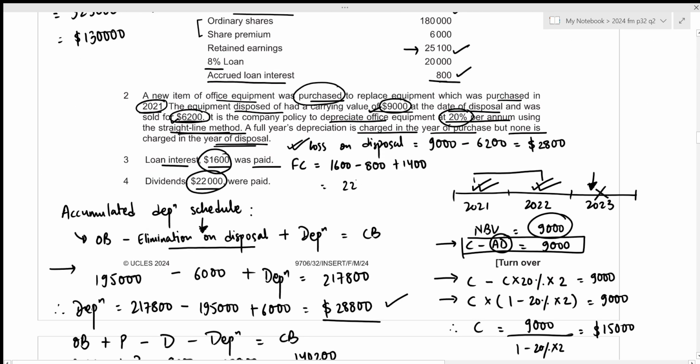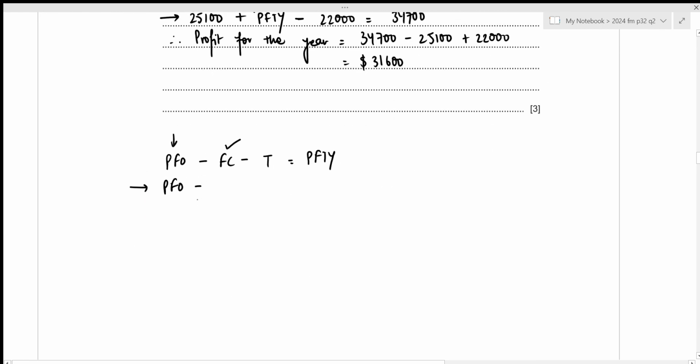This results in the value of 2,200. That is our finance cost. And in this case, no information regarding taxation is given, so we can just assume this to be 0 for now. And this results in the profit for the year of 31,600. So, profit from operations is just going to be 31,600 plus 2,200, which results in the value of 33,800.